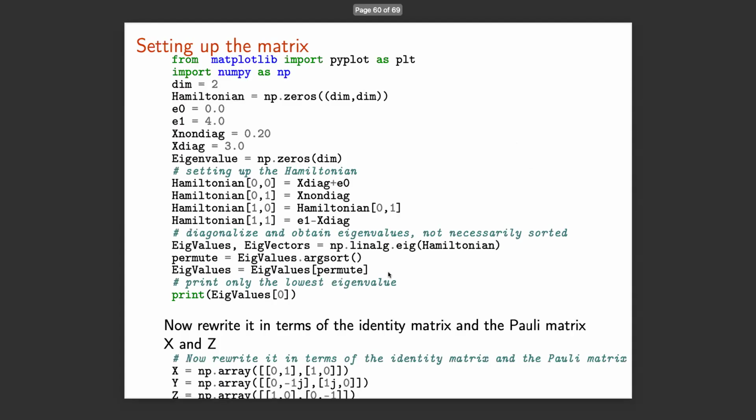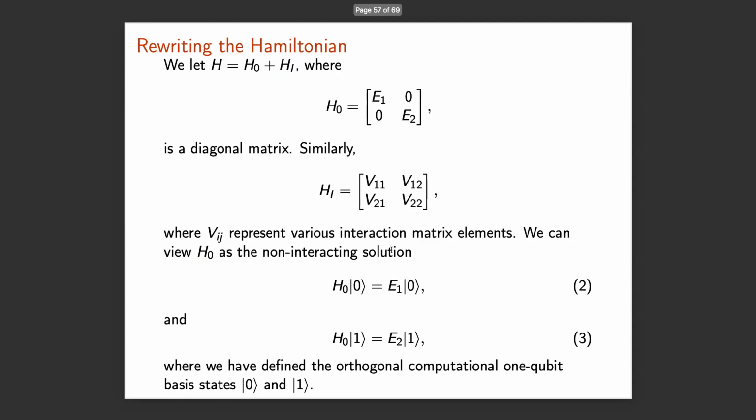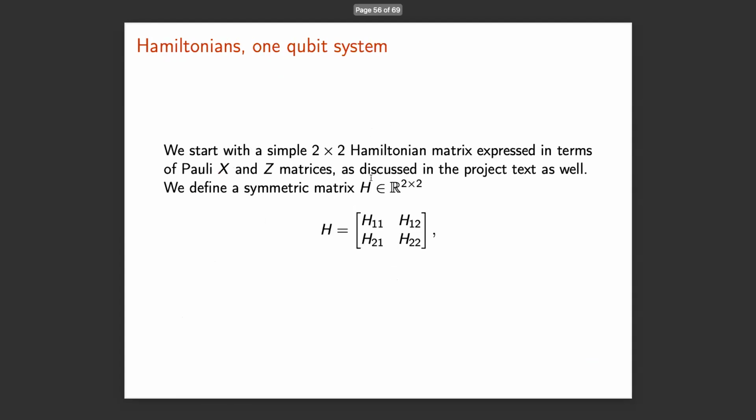Because my solution, if you now think of you solving this problem, if you diagonalize this problem, which we have here, the original one, since I have 0 and 1 as my computational basis, I know that my solution is going to be a linear combination of 0 and 1. Does that sound logical? Great.